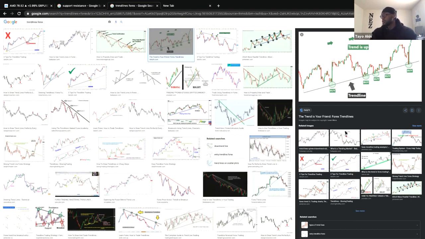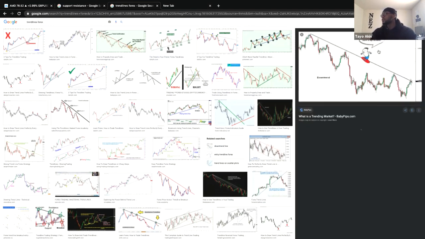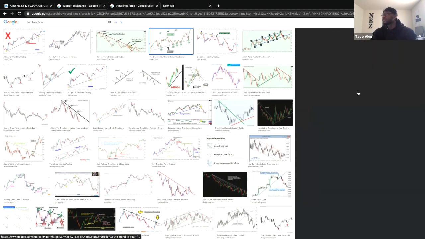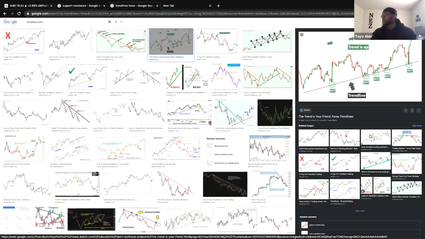A good example is that this would be your resistance formation of trend, and the other one would be your support formation of trend. These are the 2 simplest ways to identify your trend in the market. So, how do you identify price?